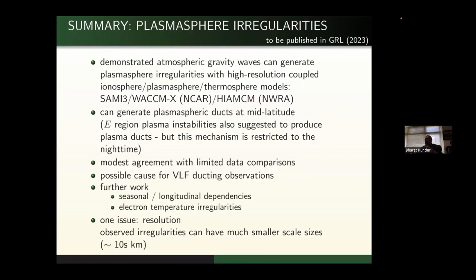The WACCM-X is hydrostatic, things are at pressure levels. So in order to get a vertical perturbation, there must be some parameterization or forcing to generate that. In the HIAMCM, because there is no restriction on whether or not this stuff can go up and down, it can go up and down if it wants to. So that's one distinction between the two models. Okay.